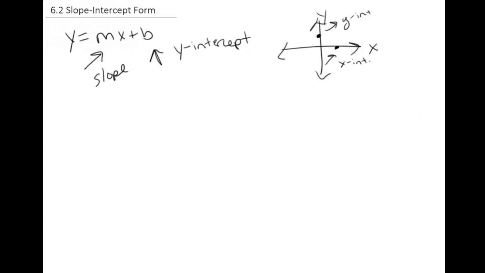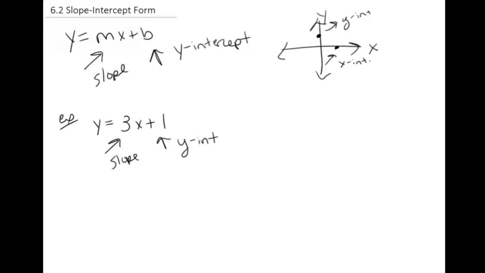So, for example, if I had a function that was y equals 3x plus 1, I could figure out what my slope and my y-intercept is just by looking at the function, right? So this is my m, which stands for my slope. And this is my b, which stands for my y-intercept.